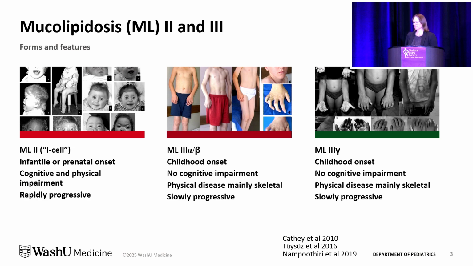ML3 alpha beta is a childhood onset with really no cognitive impairment, but physical disease that's mainly skeletal and is slowly progressive. And then ML3 gamma, which is also a childhood onset, potentially a little bit later, no cognitive impairment, physical disease, and slowly progressive, similar to ML3 alpha beta.